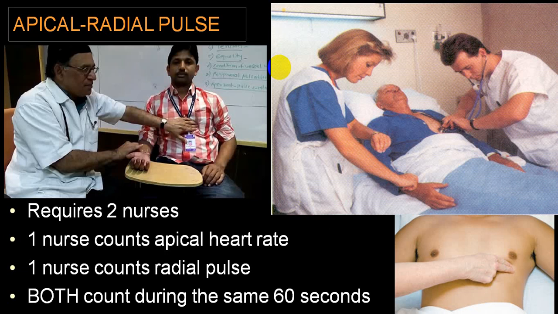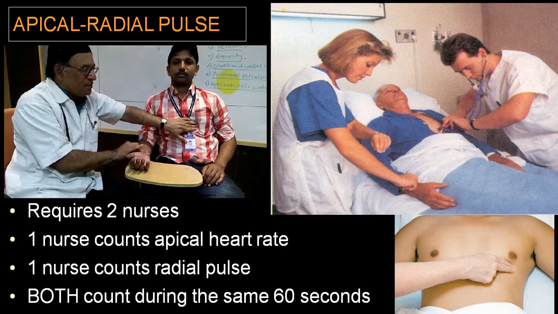The ventricle has already contracted early, that's why we call it premature. So we call it a ventricular premature beat, and during this period you get an apex beat, but for that ventricular contraction there is hardly any cardiac output, so there is no pulse. So you get the apex but you don't have a pulse, and this is called apex pulse deficit.